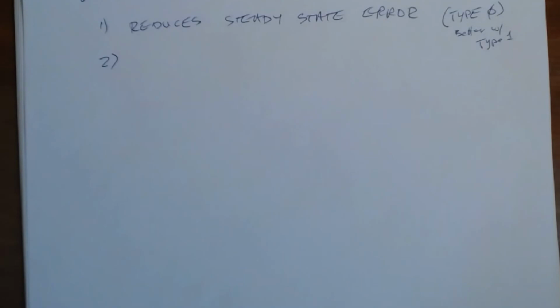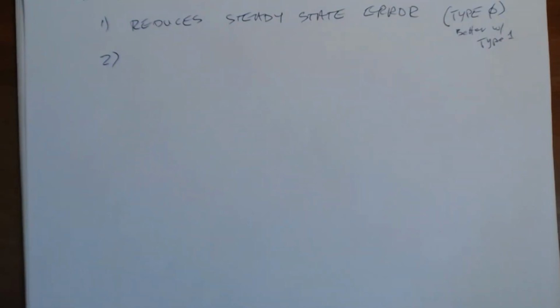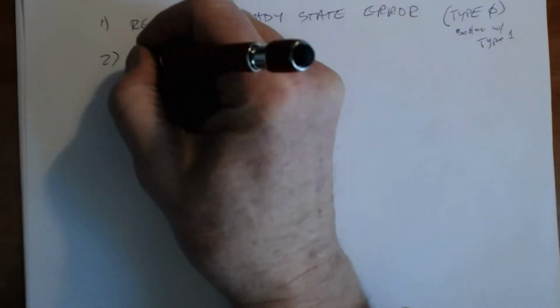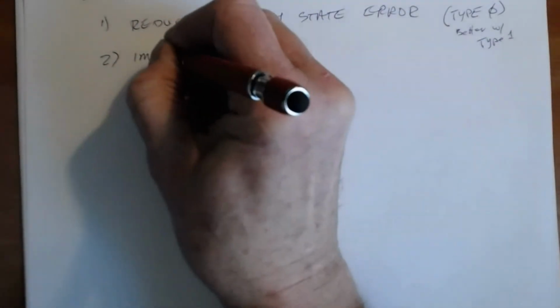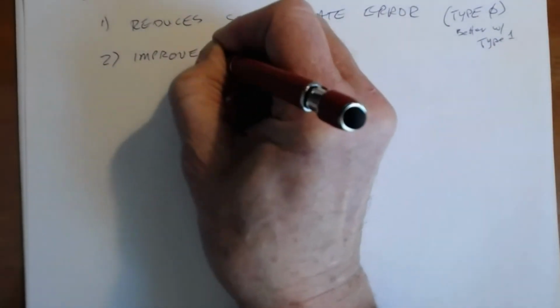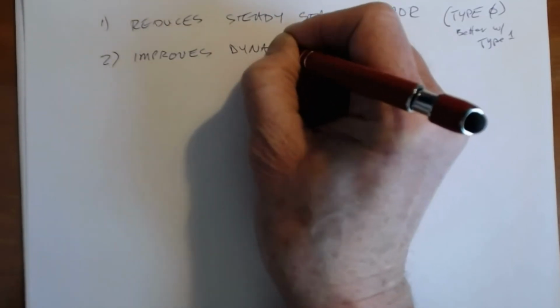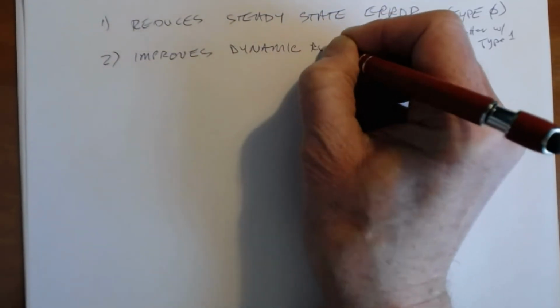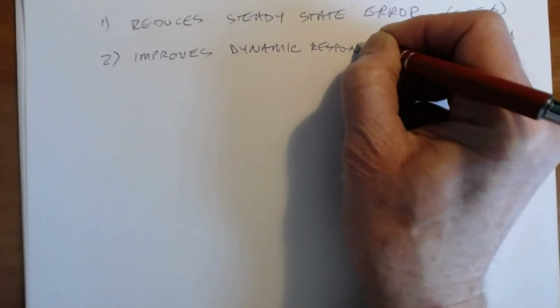Okay, it reduces steady state error. So we got that one, right? Now let's see what else it does. 2, it improves the dynamic response. Right? So we saw that.